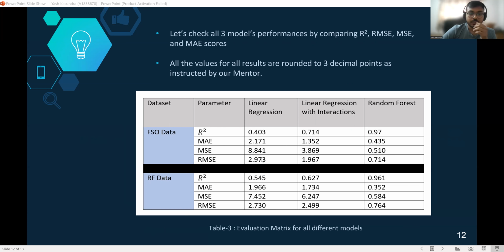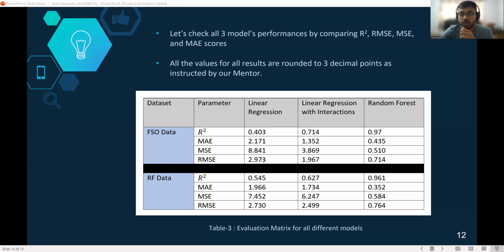But this also helped us make an interesting conclusion that there was non-linearity in the data. So our data was not linearly related, and thus our linear regression model didn't perform very well. This issue can be addressed by introducing some sort of interactions or human interventions, so we implemented linear regression with interaction.